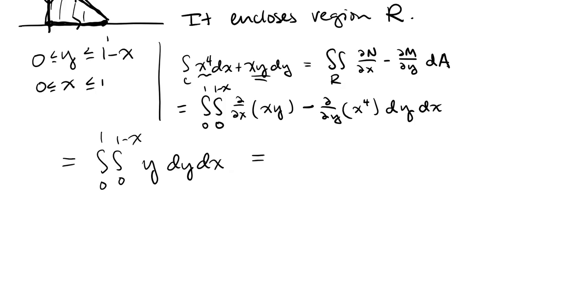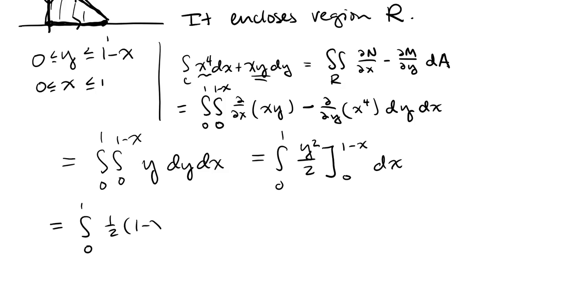When we evaluate that y dy, we end up with y squared over 2, evaluated from 0 to 1 minus x, and this is still in the outer integral. So we end up with the integral from 0 to 1 of 1/2 times (1 minus x) squared minus 0 when we plug in 0, dx.